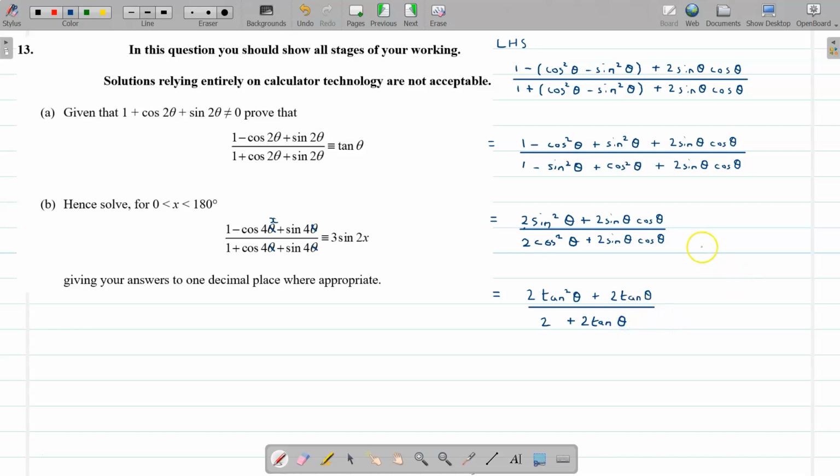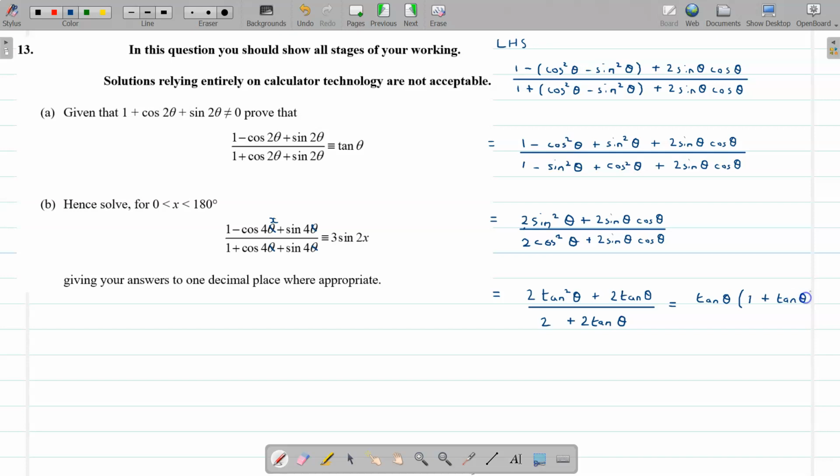Okay, now if we look at that carefully, on the top line we can factorize out a tan theta. Well, we can take out all the 2's, and we can take out a tan theta from the top as well. So the tan theta is multiplied by, if I just swap the order around, 1 plus tan theta.